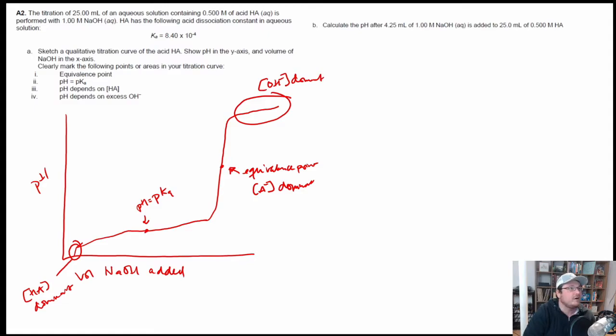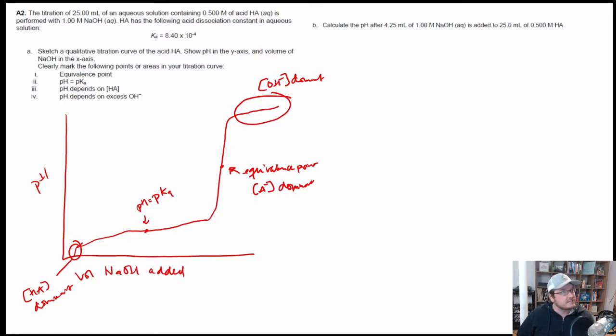It doesn't even matter what's going on with the weak acid base, because the acid's been completely neutralized, and any OH minus being added, even though there's still an equilibrium between the HA and the A minus, is going to completely overwhelm any of those species in terms of figuring out what the actual pH is, because the OH minus is just going to be completely dominant.